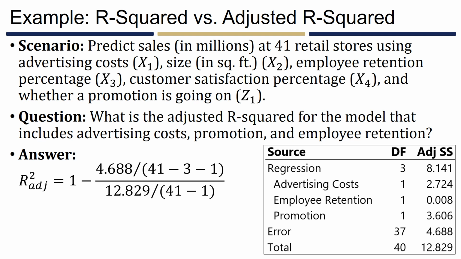It's still 12.829 divided by 40. So now what ends up happening here is that the numerator is very different from what we had before, 0.1267. We divide that by 0.3207, subtract that from 1, and we actually end up with an adjusted R squared of 0.6049, which is smaller than the adjusted R squared that we had in the previous model that only had 2 predictors in it.